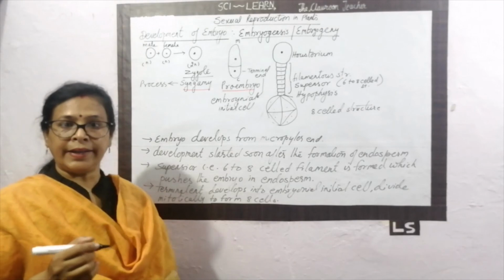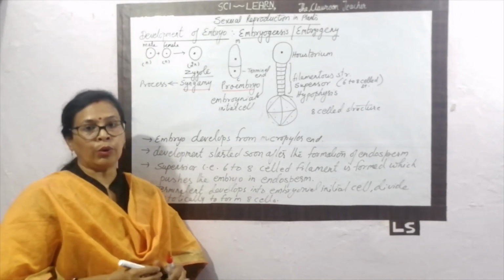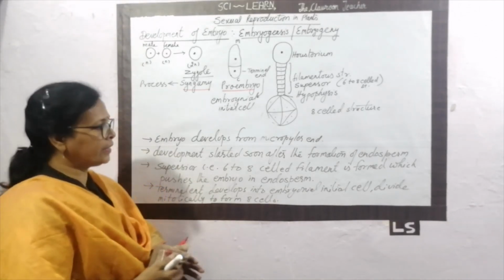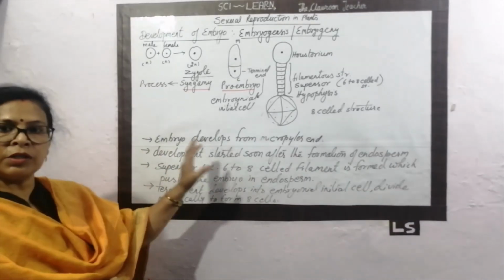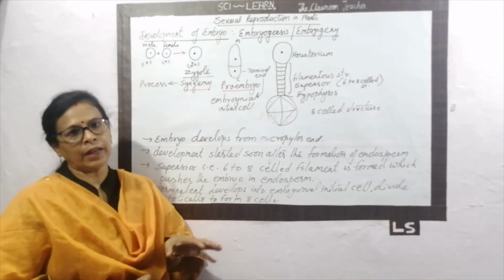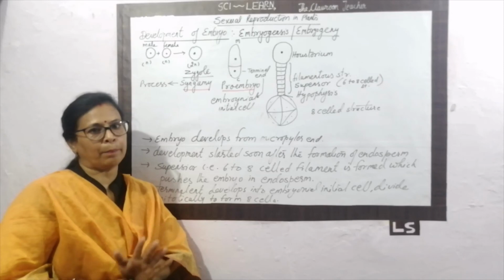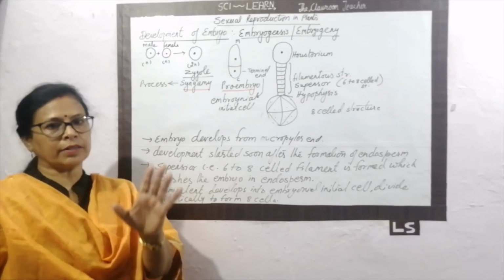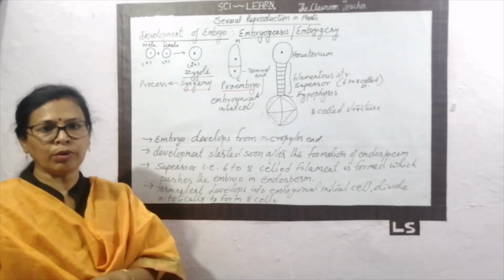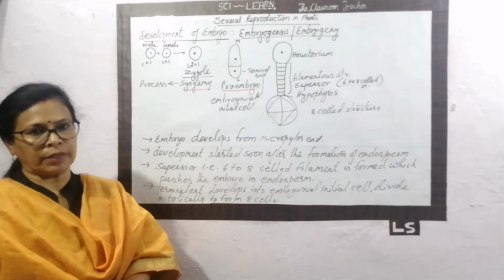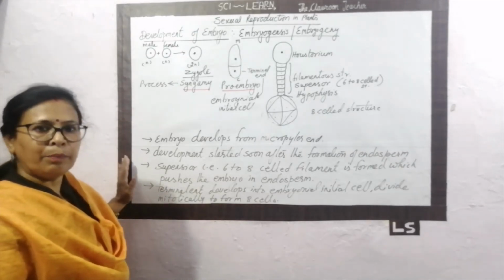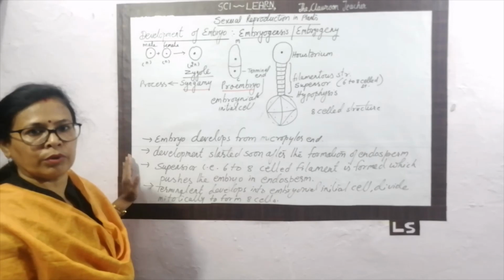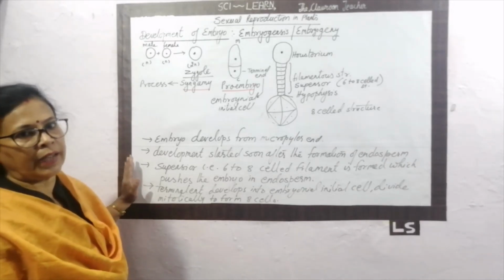And you know that 8 cells is further divided into lower tier and upper tier. You must write here. The lower tier is responsible for formation of hypocotyl and the radicle root cap part there. And the upper tier is responsible for formation of the plumule and 1 or 2 cotyledons. Up to this, the development of embryo is common for both monocot as well as dicotyledon.